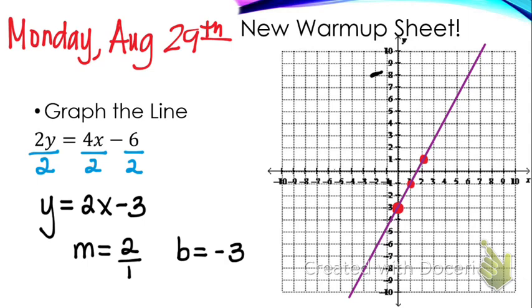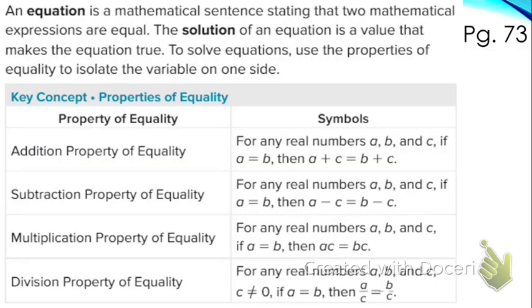Okay, take out your reveal book. These are the properties that we use to solve equations. So we have the addition property, the subtraction property, and the multiplication and division property. What that says is if you add the same number to both sides, the equation is still equal.